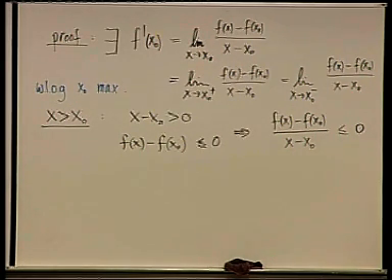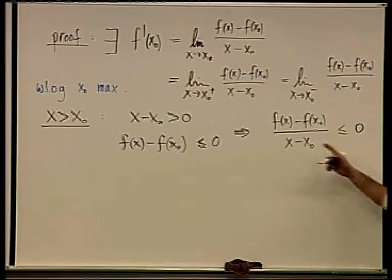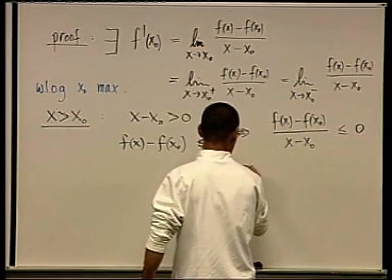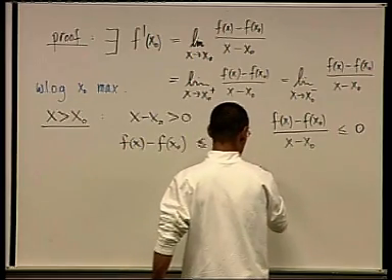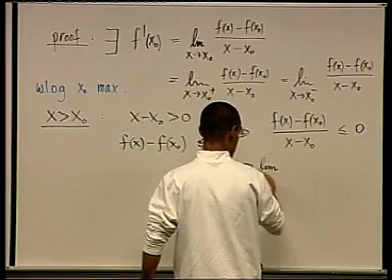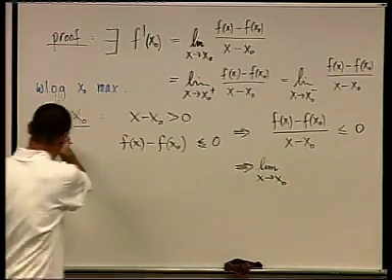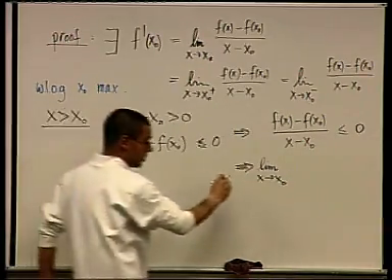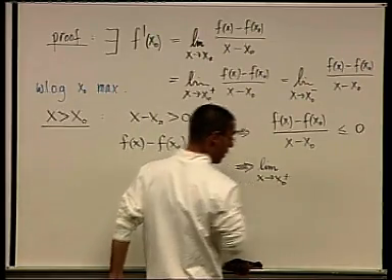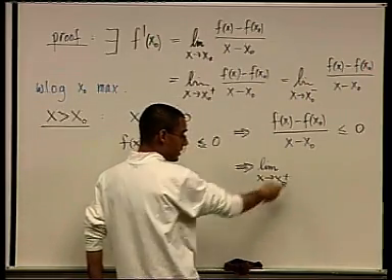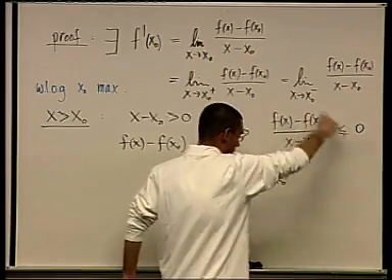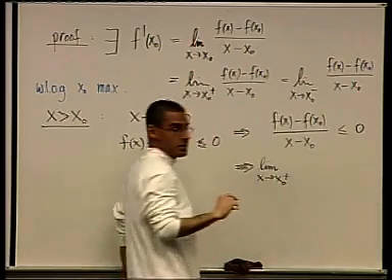Good? Now, this implies that when you take the limit as x approaches x0 only from the right, so x is greater than x0, it's a limit of a function which is non-positive.